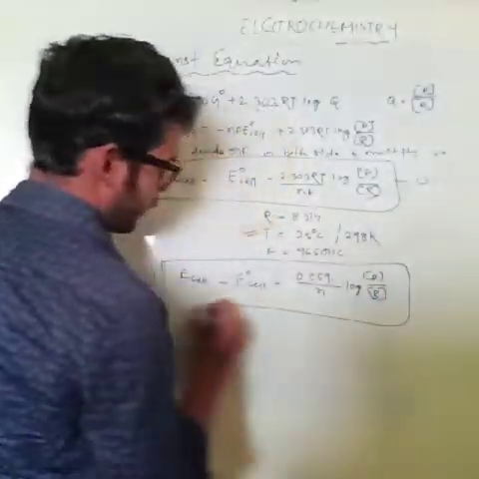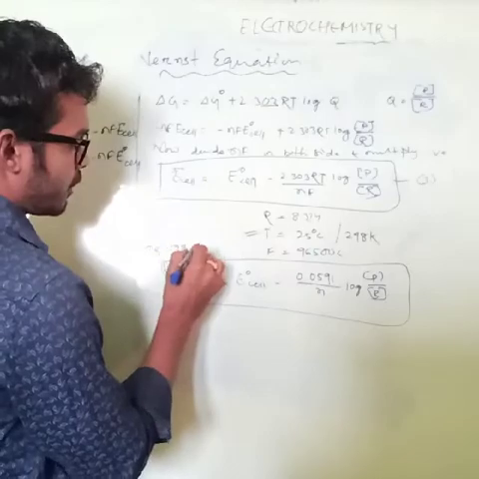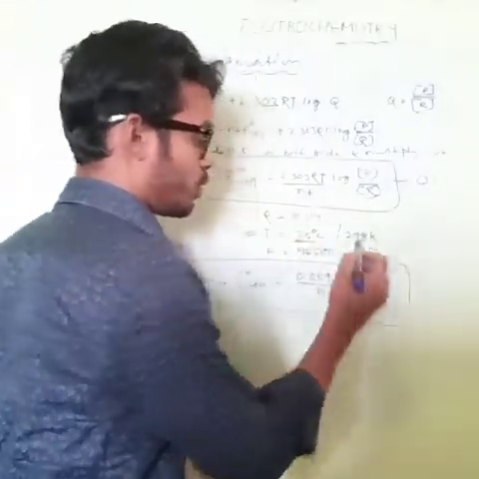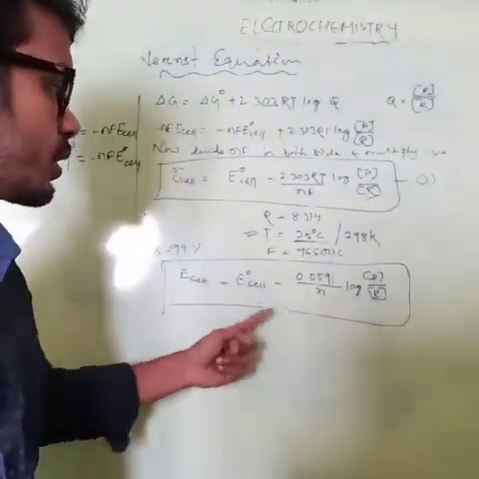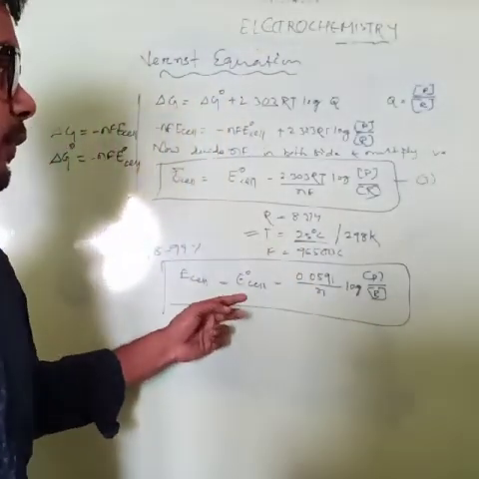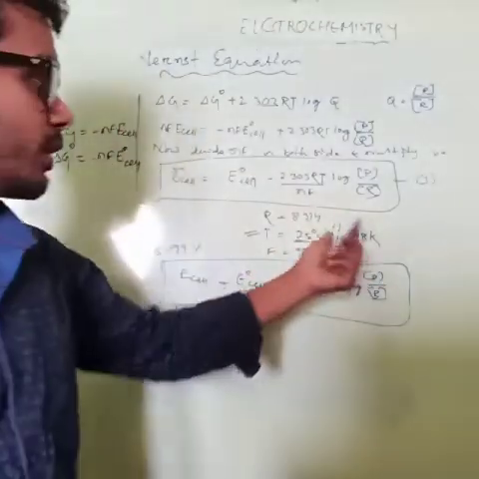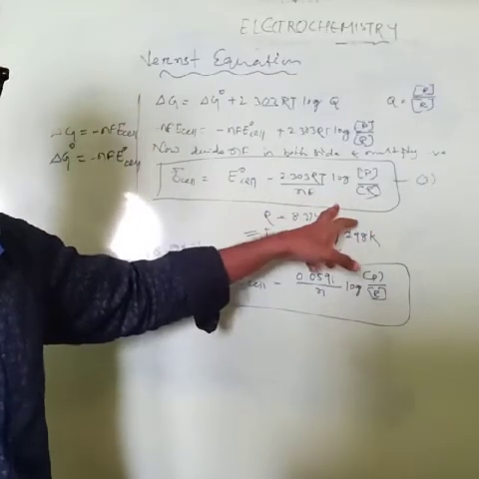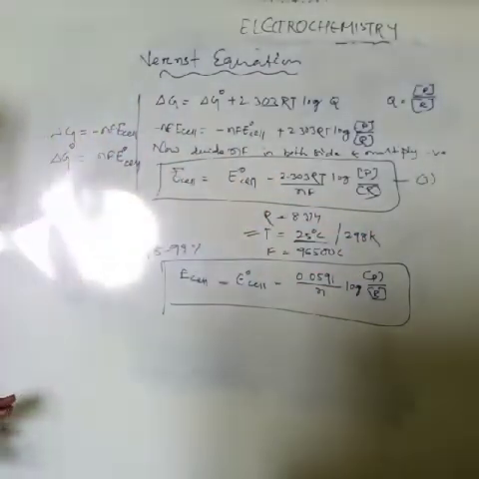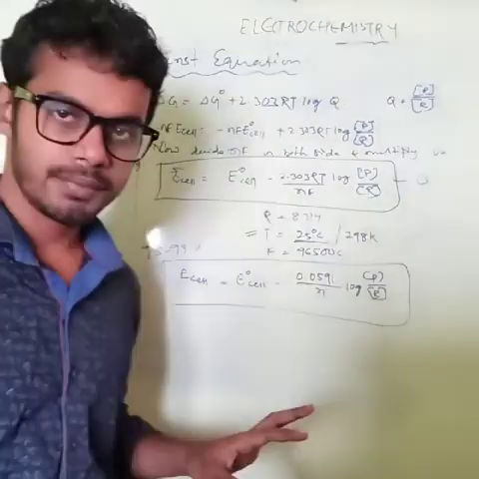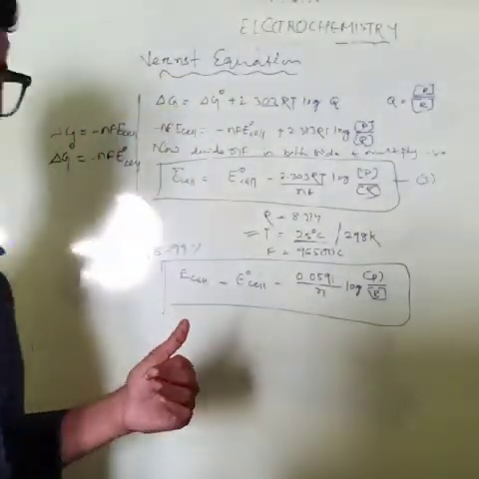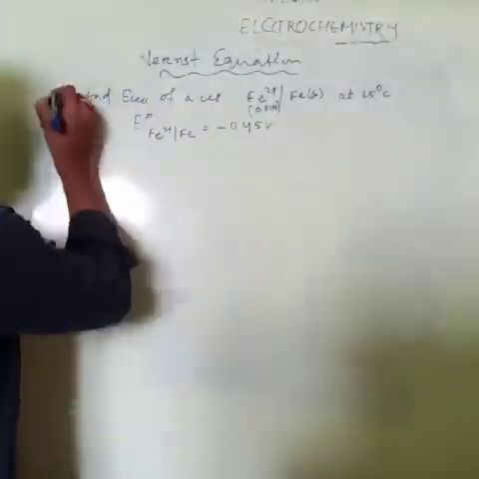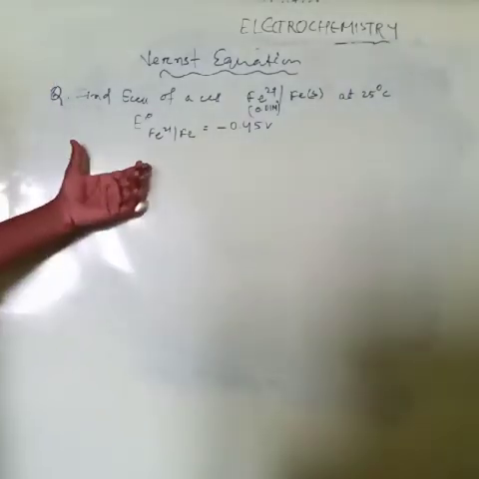So maximum time, about 98 to 99%, this type of problem will come where the temperature is given as 25 degrees centigrade and you need to put this formula. If the temperature is other than 25 degrees, maybe 30 degrees or something else, then you need to put the full formula. So this is the Nernst equation. Is it clear? So this is a question of the Nernst equation.